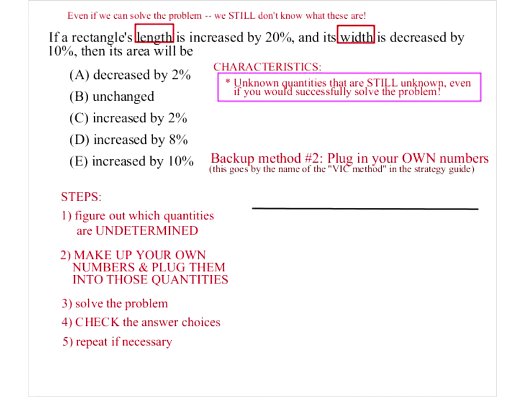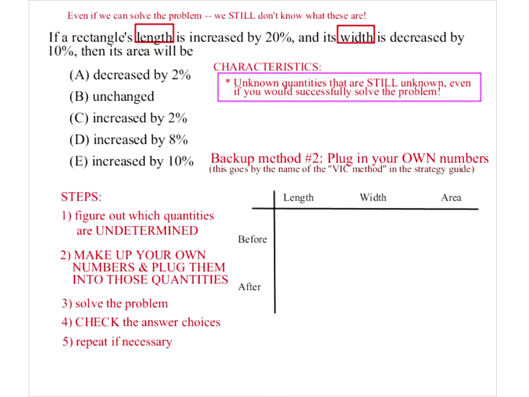And notice we have a before and an after. So this is a nice situation for making a chart because we have 2 situations and 3 quantities. We have length, width, and area. And then we have a before, and we have an after.